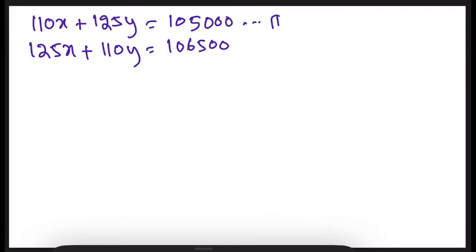This is our first equation. This is our second equation. Now you see the coefficient of x in first equation is equal to the coefficient of y in second equation. The coefficients are exchanged. So in this case what we have to do? By elimination method we shall do it.